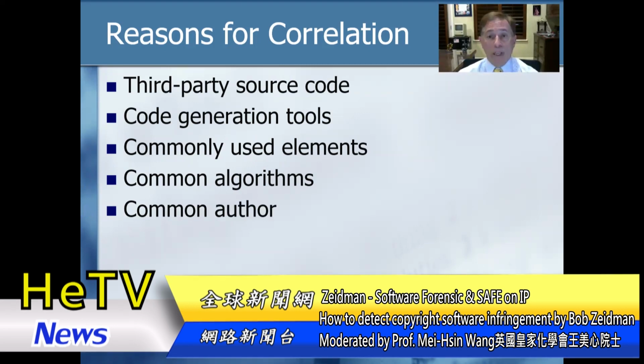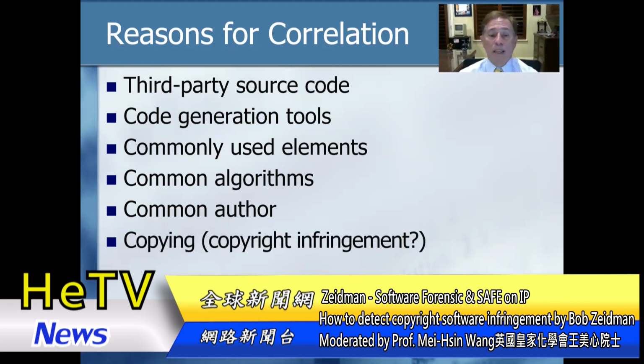There's common author. It could be that a programmer has a style of writing code, goes to another company, uses that same style, does not copy the code, but there's correlation due to that code being written in both places by the same person.